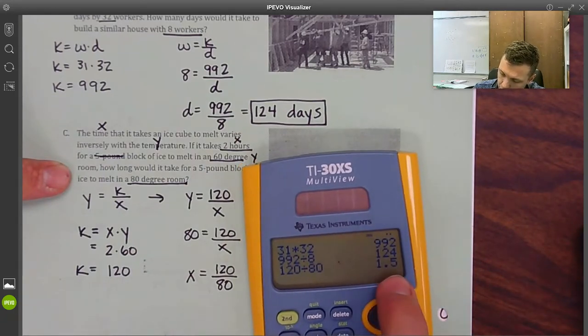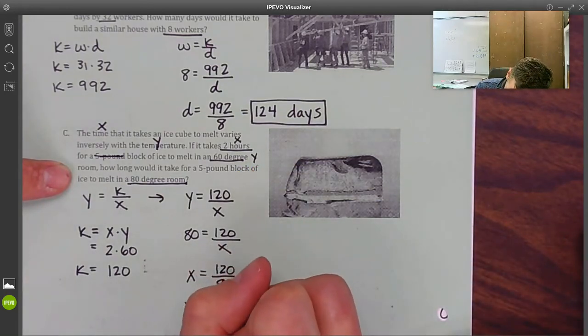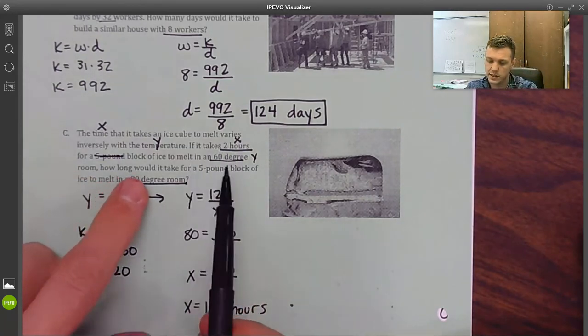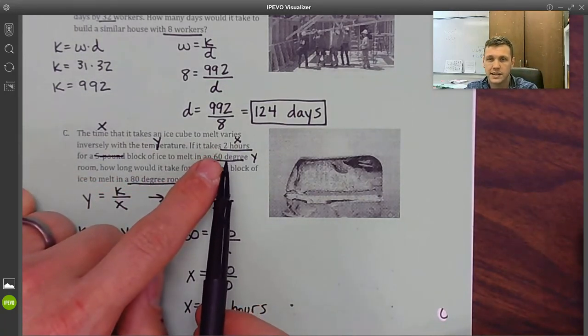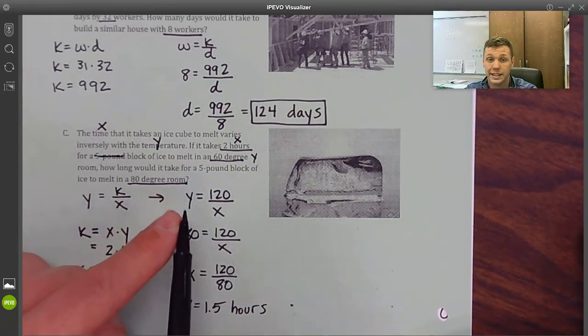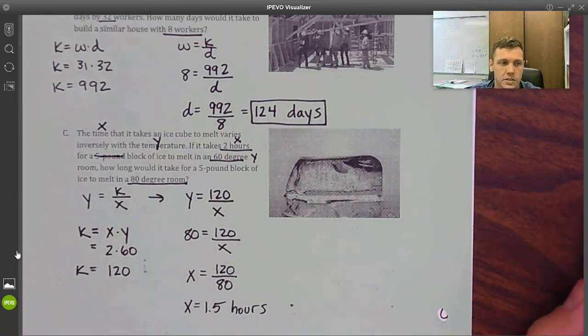And it would take 1.5 hours. That makes sense because it took 2 hours in a 60-degree room. So in an 80-degree room, it'll take less time. All right, so you guys can go ahead and get started on your assignment.